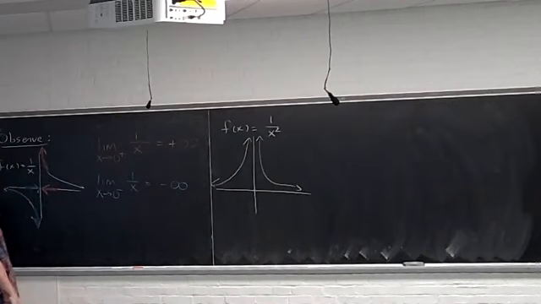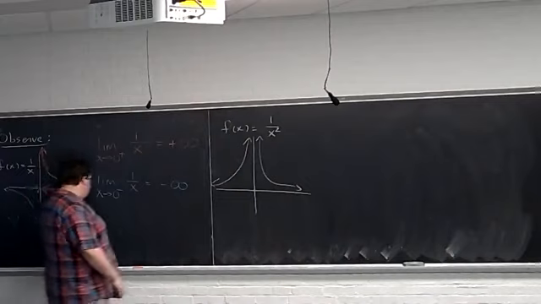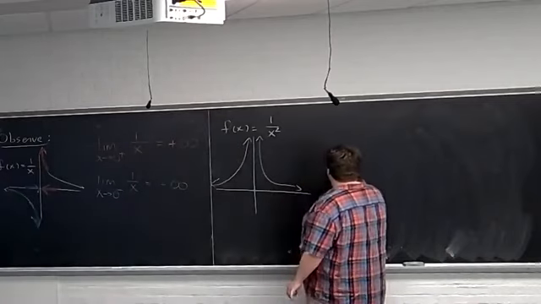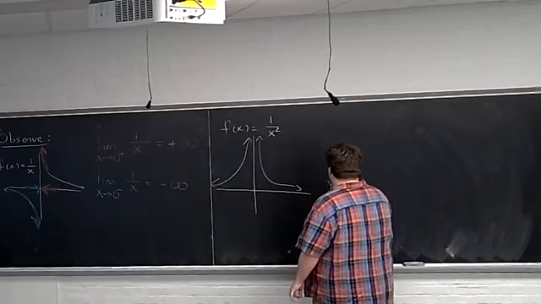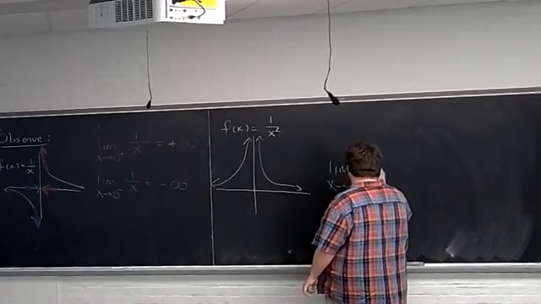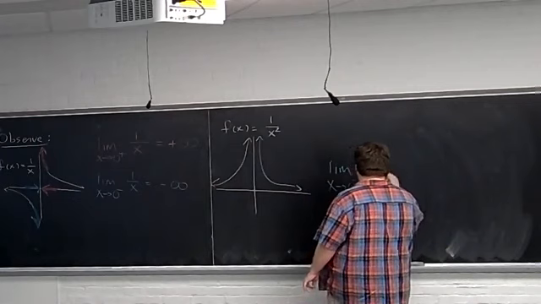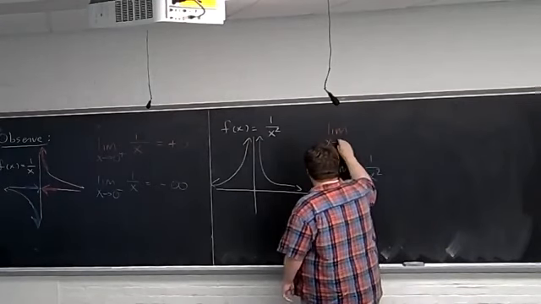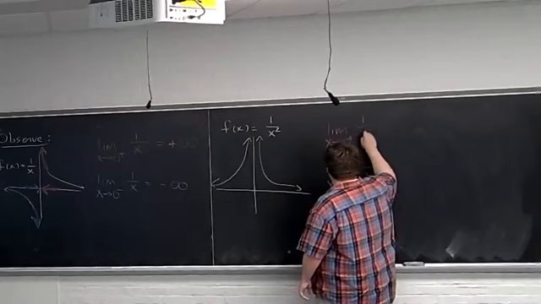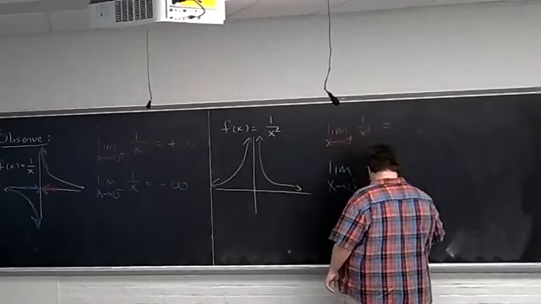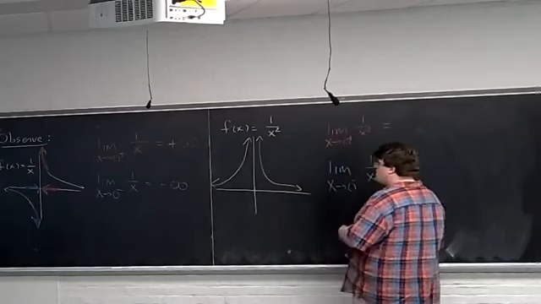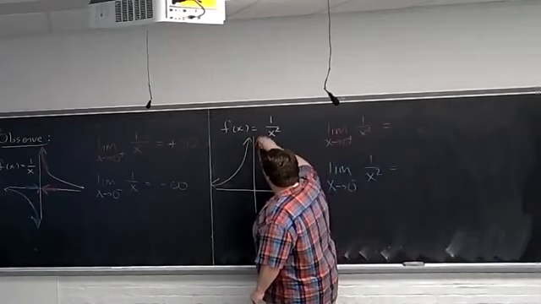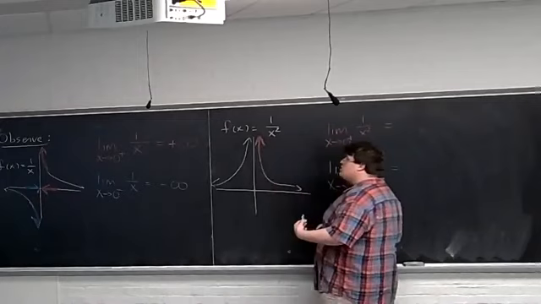Before that, let's observe this other graph. Again, let's look at the left and right of 0. Over here we have 1 over x squared. On the right of 0, this goes up.